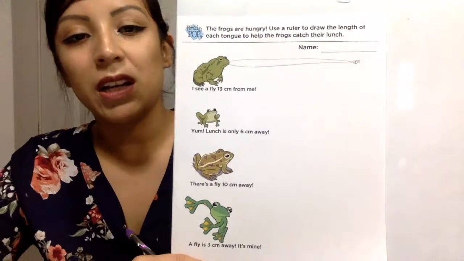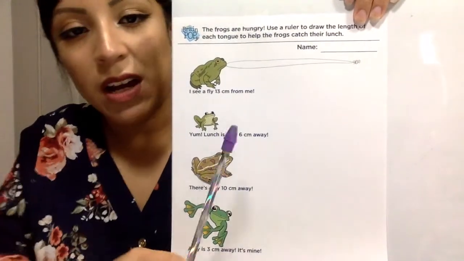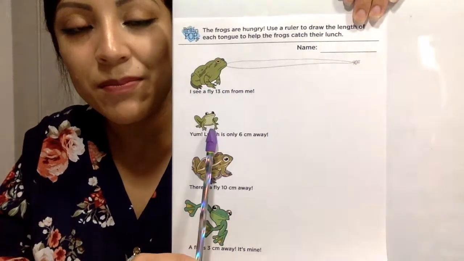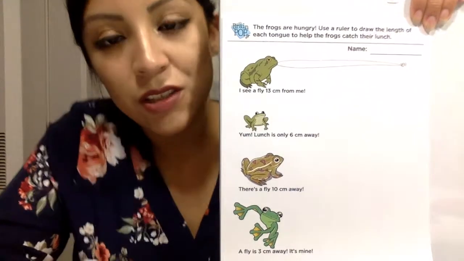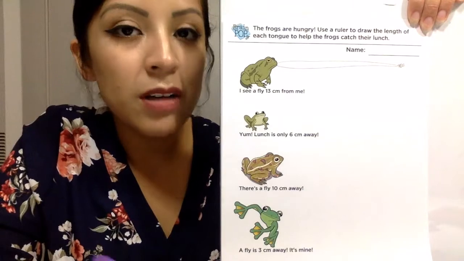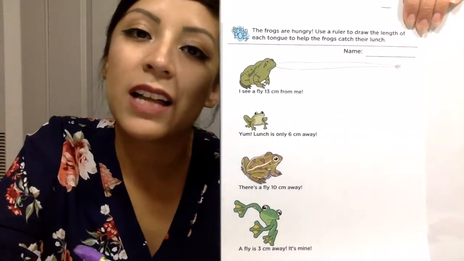Does anybody want to give it a try with this little frog right here? Raise your hand if you think you can do it. You can come up here and work on it in front of the class. Okay, so you're up here with me now at the board in front of the entire classroom.